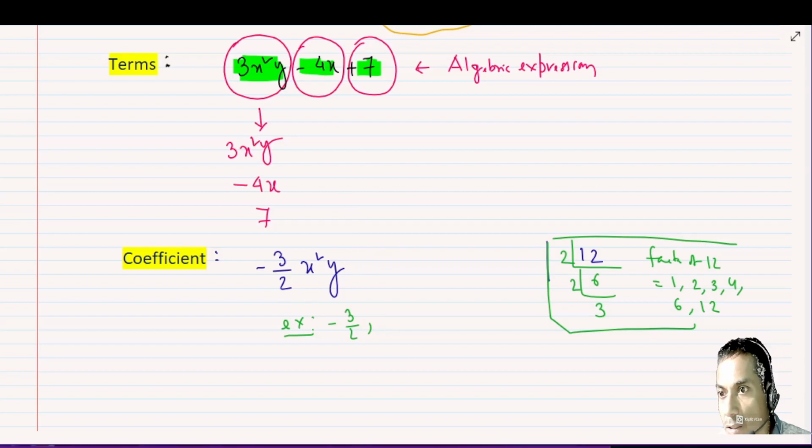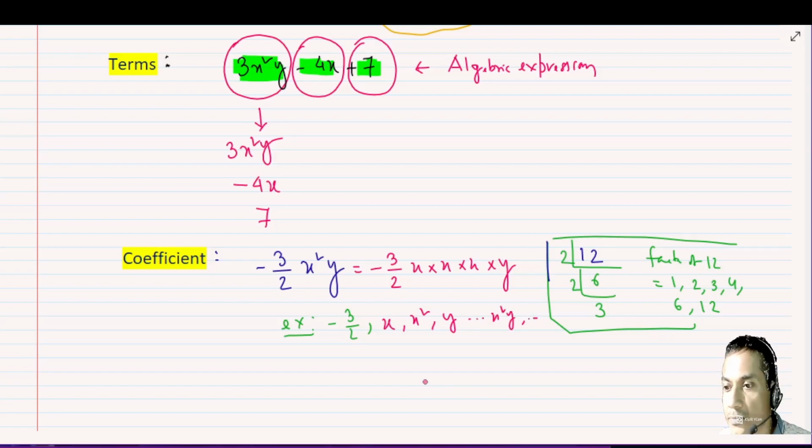Because you can split this expression into x into x into y, and next you write the different combinations like this. So x is also a factor, x square is also a factor, y is also a factor, and x square y is also a factor.